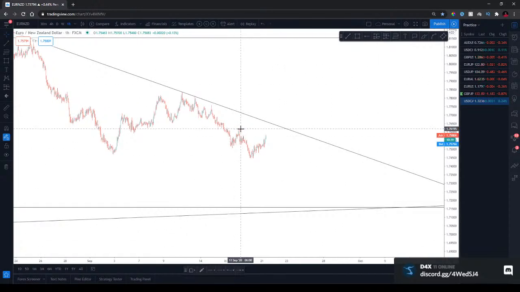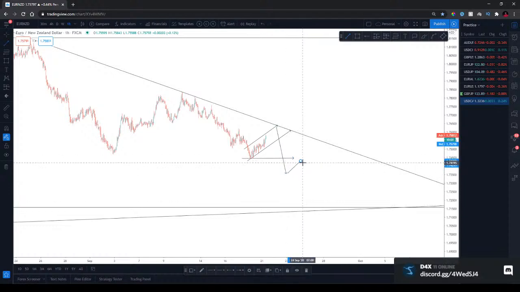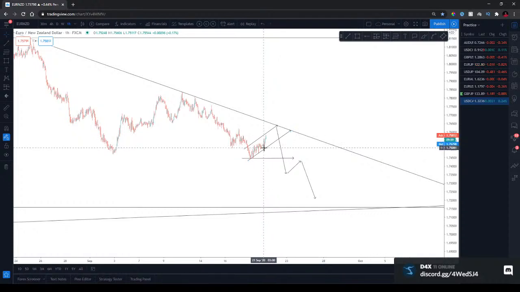Okay, so what I want to happen before I enter anything for a sell is for this to break down, break this low here, and then give me a pattern, and then I would enter for that sell. The reason I want to wait is because I don't like how it's setting up.